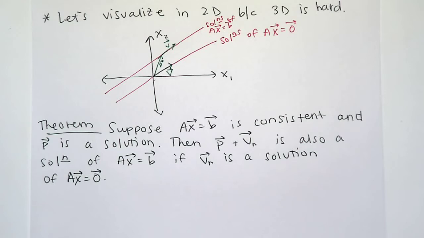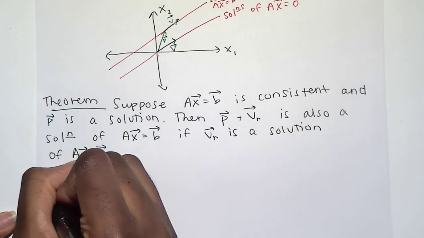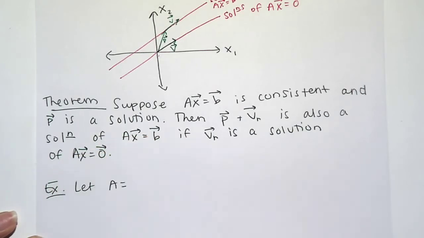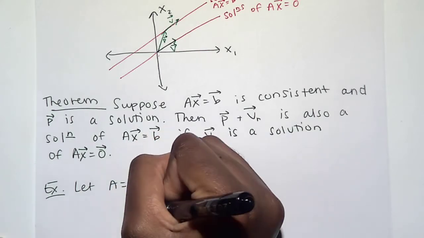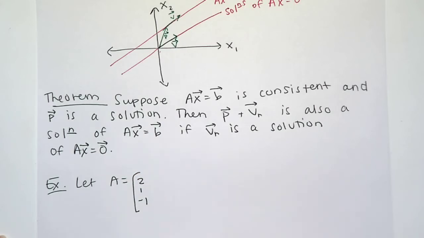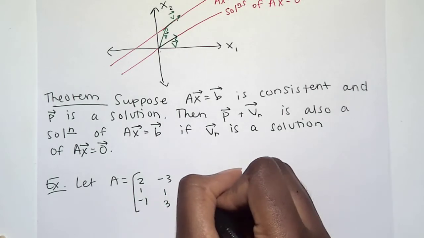All right, so I'm going to write us an example, and then I'm going to ask 2 questions of us that we'll answer, and that's where we'll end. All right, so here's the example. We're going to let A be a matrix. It's a 3 by 3. Same one we've been working with in this section. 2, 1, negative 1, negative 3, 1, 3, negative 1, 2, 2.